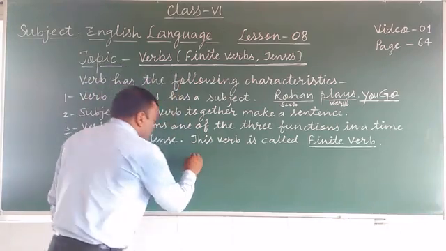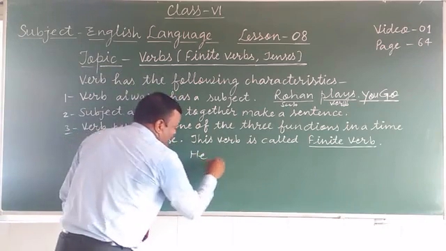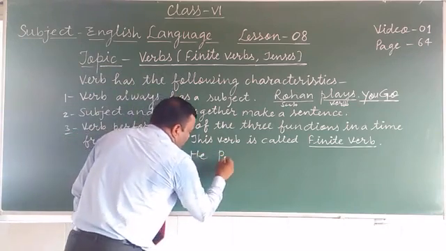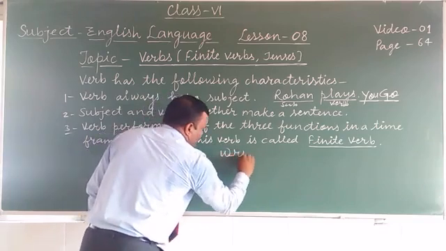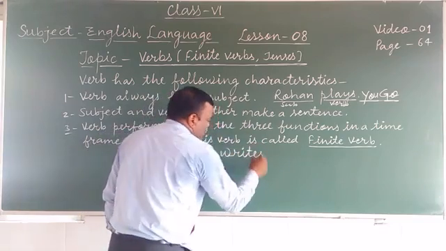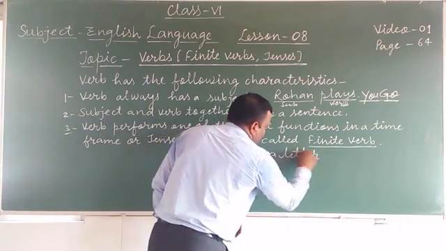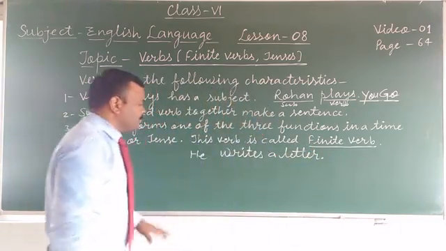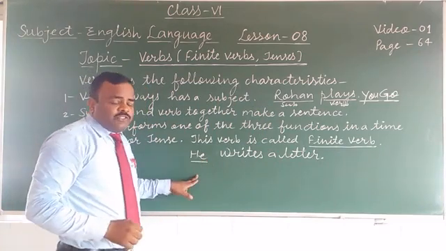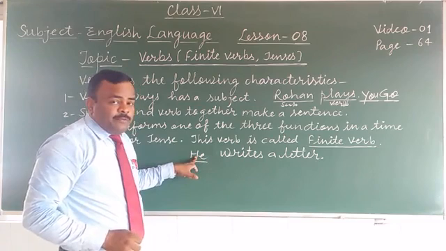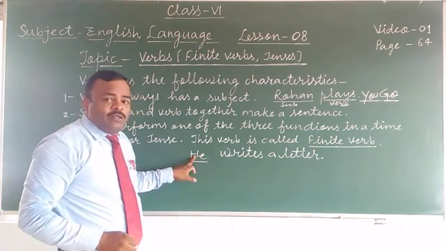For example, suppose the pronoun is he. He writes a letter. Okay? He writes a letter. So here the subject is he, third person pronoun, masculine gender, third person singular.